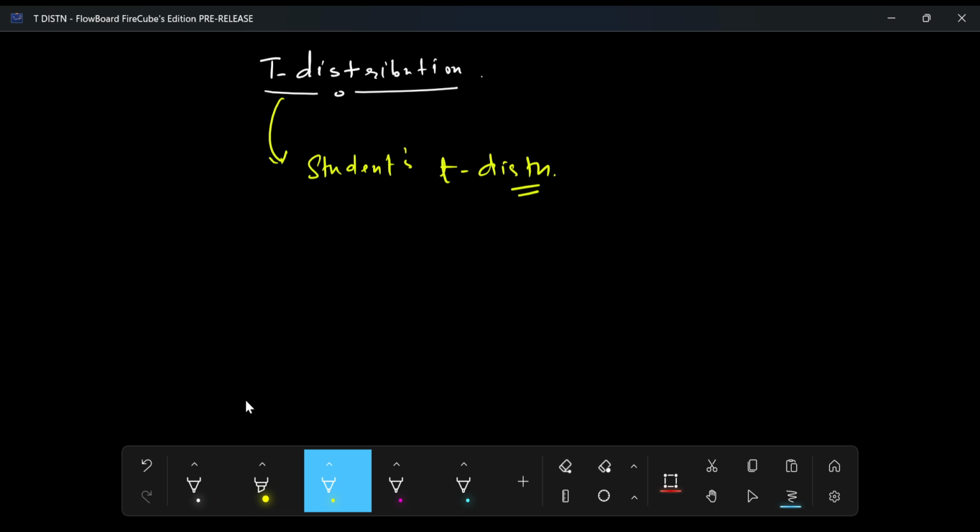This T distribution is also a parametric distribution, and like the chi-square distribution, it is a continuous distribution.